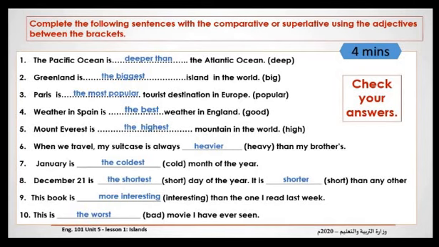In number 4, we have Spain and England, and we are going to compare between these two countries or the weather in these two countries. So we should say the weather in Spain is better than the weather in England.